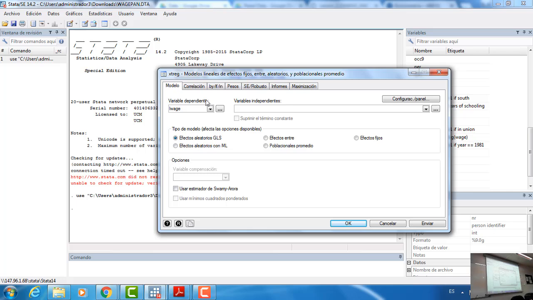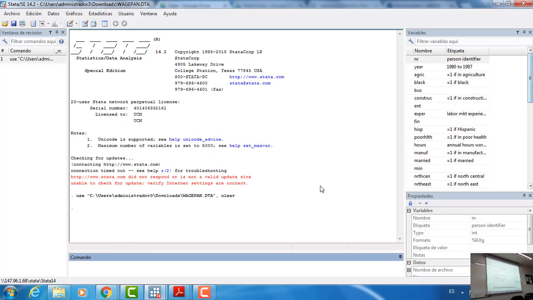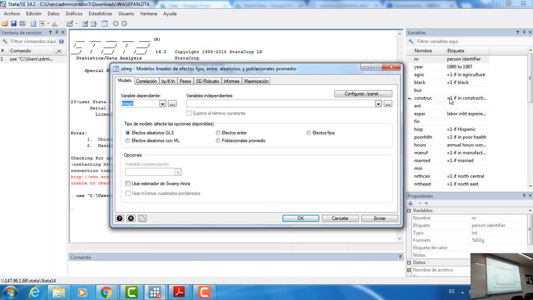So let's now look at the main window, and I want you to tell me which are the important variables for the logarithm of wage. So which are the variables that are going to influence the logarithm of wage? If we are talking about labor economics, anything that makes sense, what are the variables?